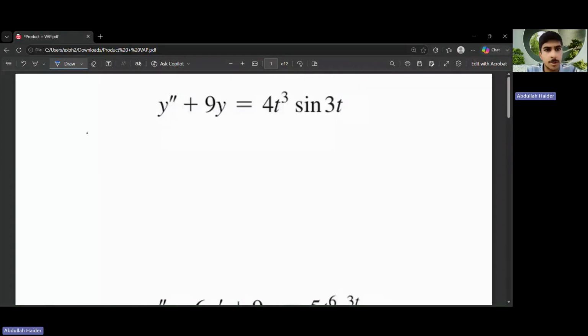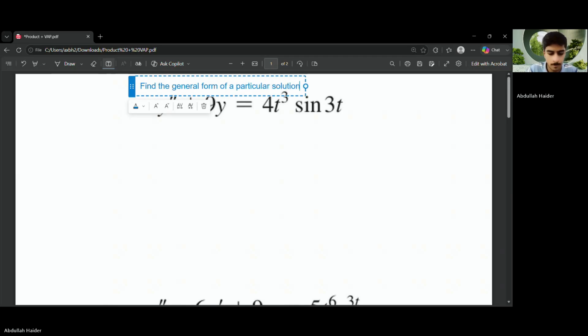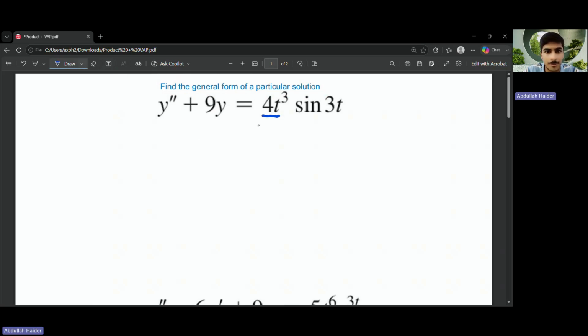All right. So now we'll move on to our next concept, which is product of functions. So for this question, you will always be asked to find the general form of a particular solution. So whenever you have products on the right side, like this is a polynomial, this is a trigonometric.